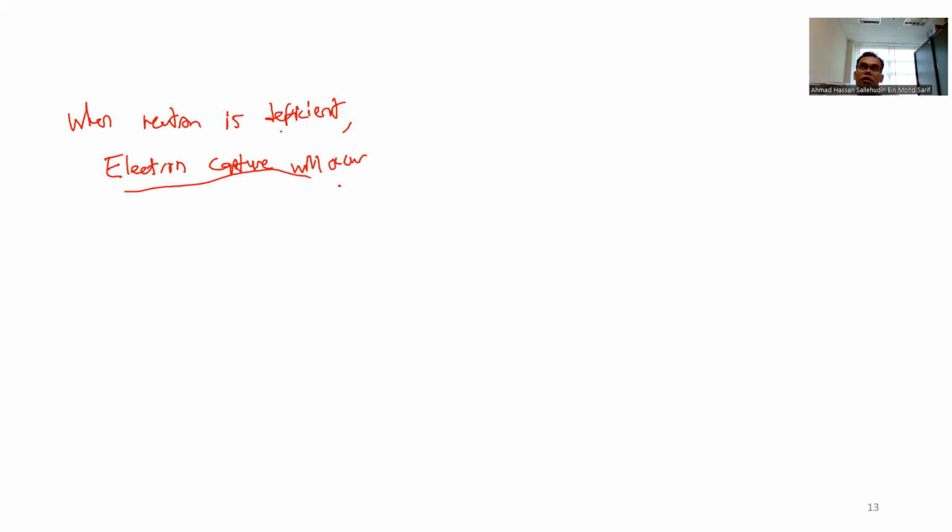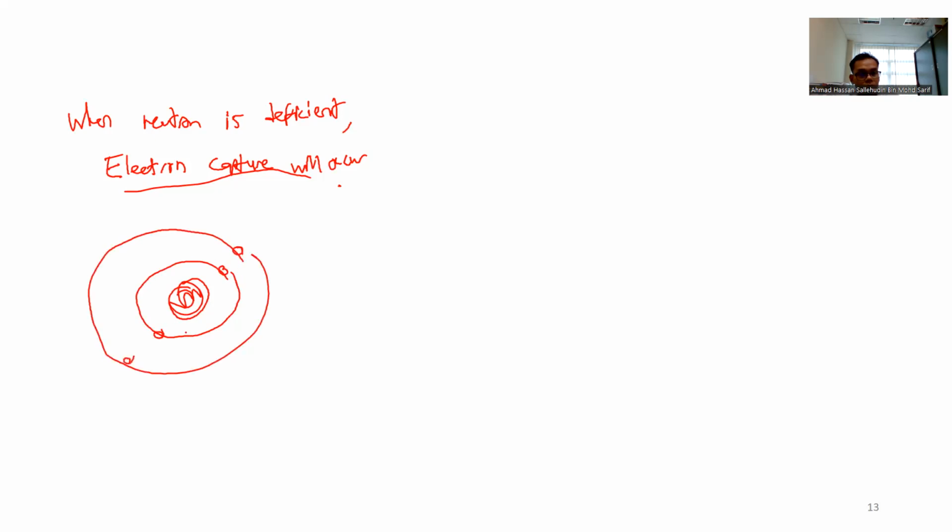So electron capture, as the name suggests, this is your nucleus, and you have the orbital electron, K shell. So the K shell electron will be captured by the nucleus, which is why it is called electron capture.